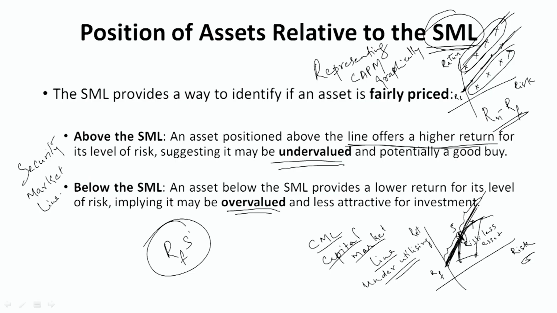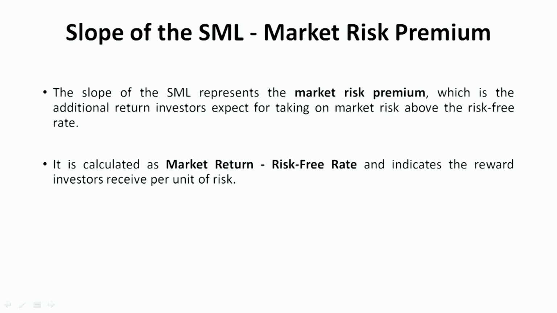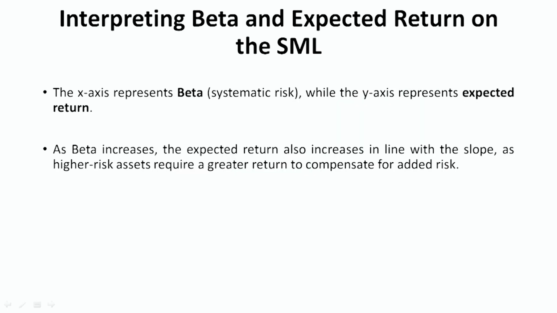That is reflected in this particular graph, and it represents the market risk premium. And what is it calculating? It is calculating the premium part of my investment. So that's what you mean by the slope over there.